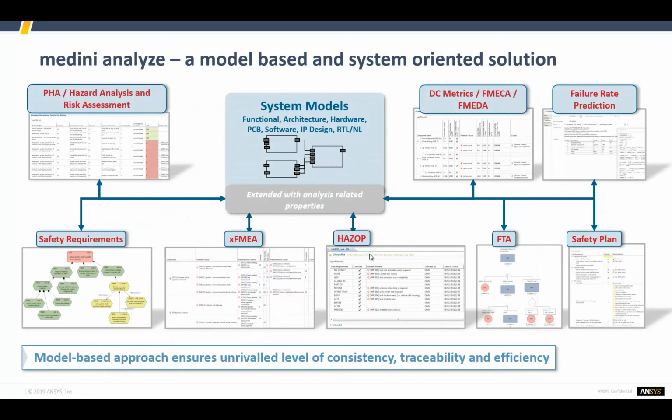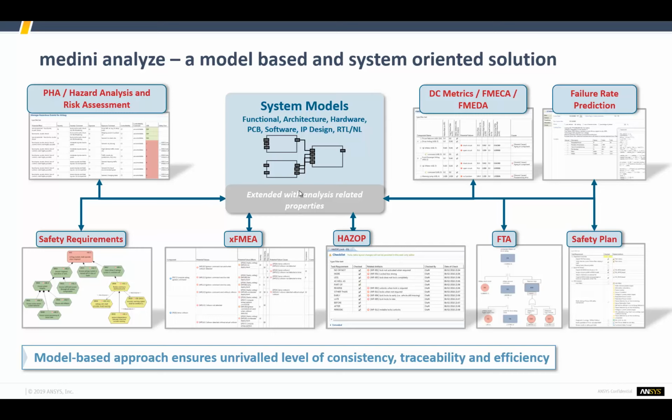With Medini, we follow a slightly different approach. In the core of our solution, we have system models, and these models describe a system at different technical abstraction levels. It can start at a really functional level, where we have only a set of functions. We talk about malfunctions of these functions and relations between functions.